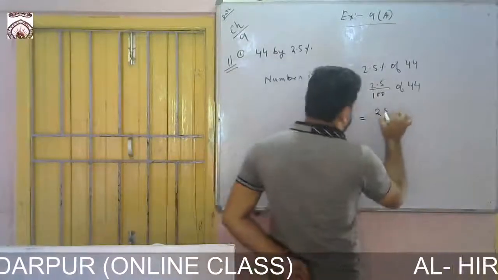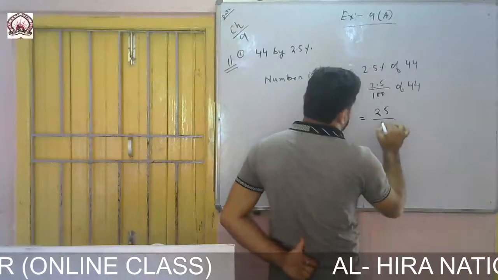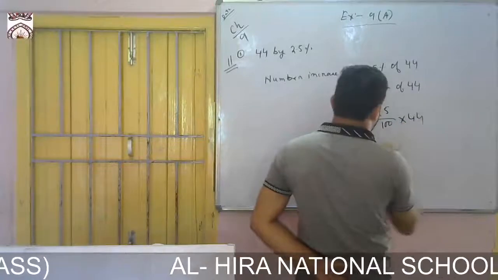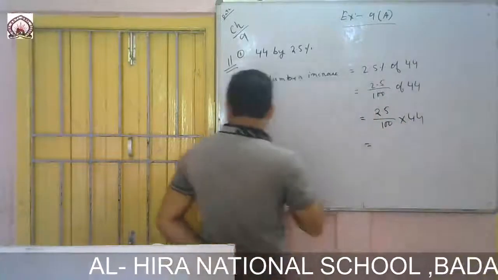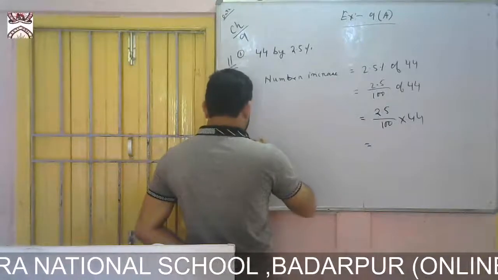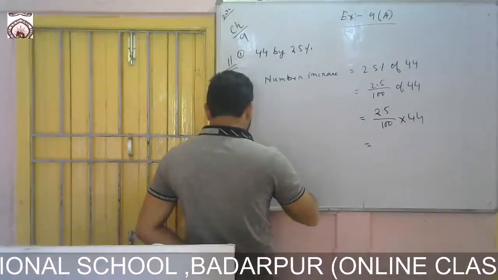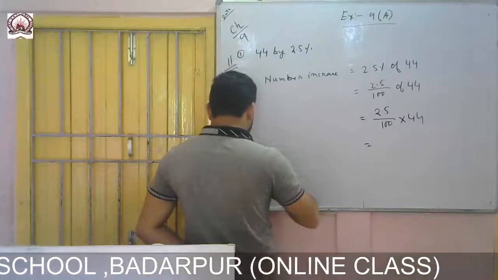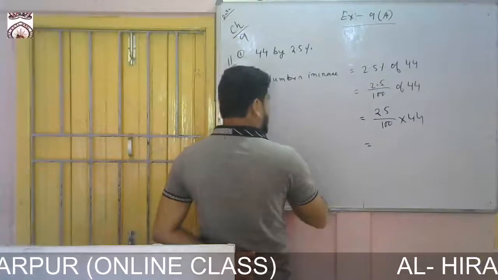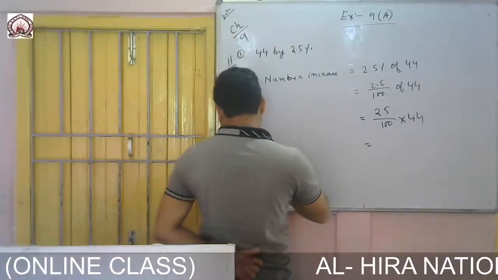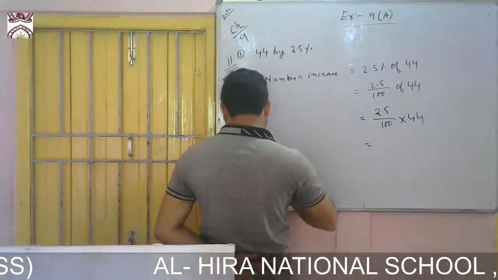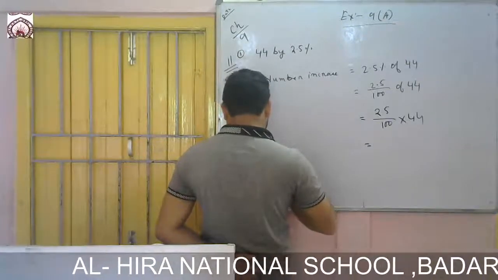So 2.5 by 100 into 44. Here we can omit the decimal: 2.5 means 25 by 10, divided by 100.